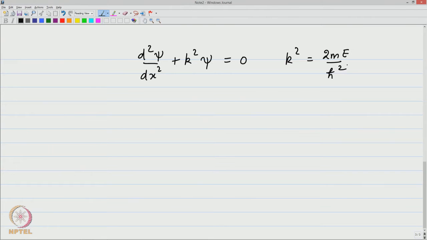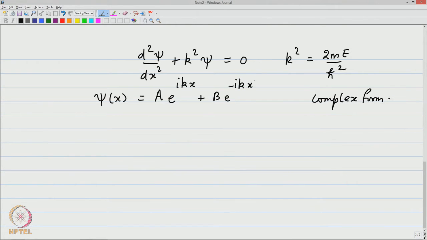After rearranging the equation, the general solution is usually written in the complex form, a e to the I k x plus b e to the minus I k x, where a and b are unknowns. You can also write them in terms of cos kx and sin kx.